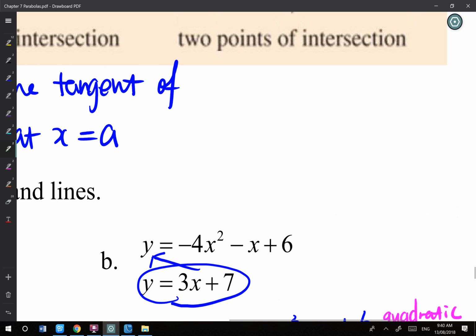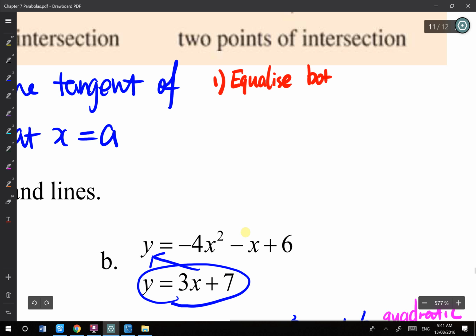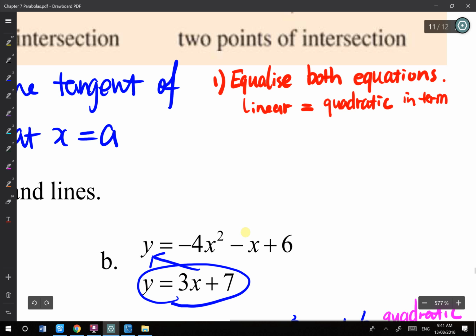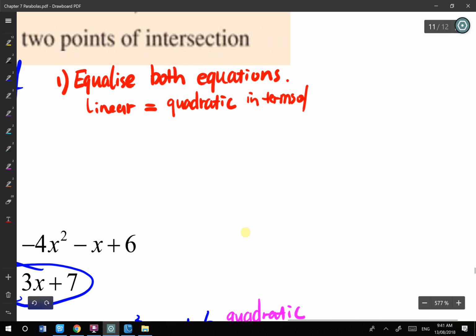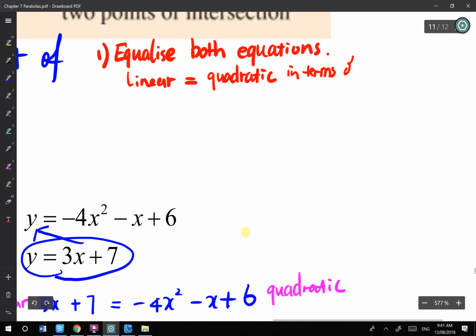Let's write down what steps we have done. Step number 1 is equalize both equations, so it's a linear equals to a quadratic, in terms of x.